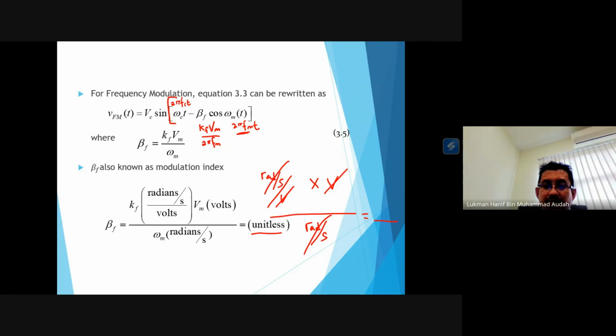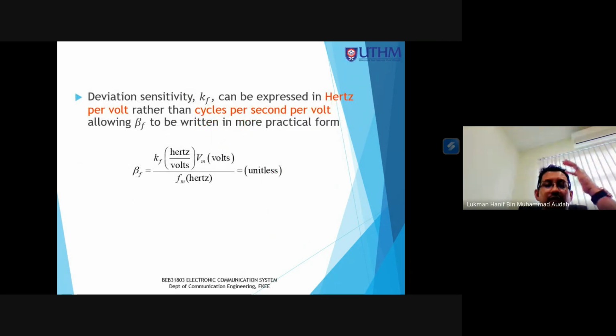So beta f can also be represented as this parameter, Kf Vm over Fm. If you are given the Kf parameter in terms of hertz per volt, you can use this equation.